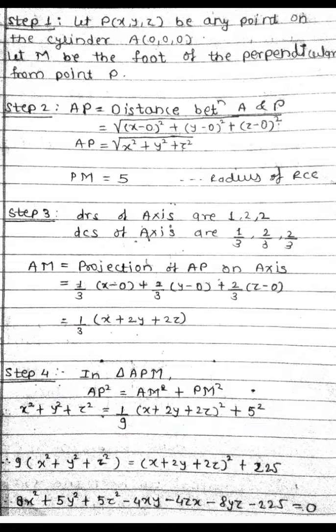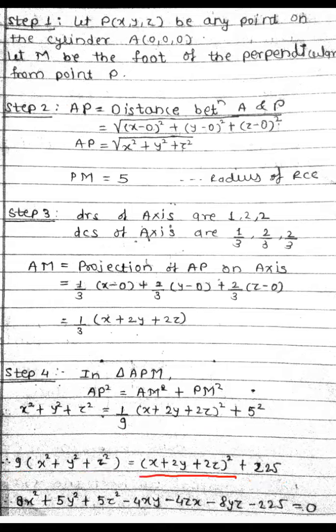Now to simplify this, multiply the whole thing by 9 and open the bracket square. On the left hand side the terms are in simple form, so keep them as they are, and on the right hand side open the bracket square.